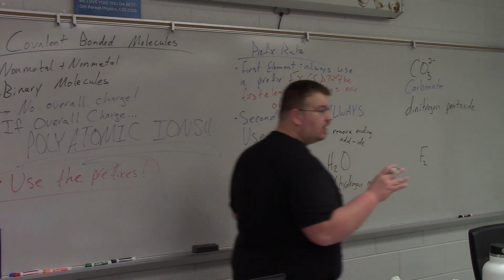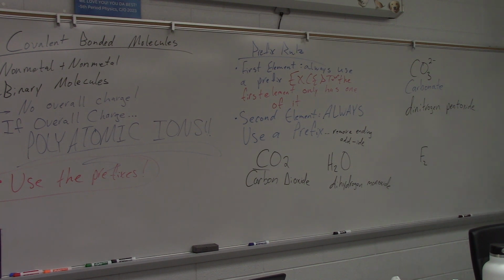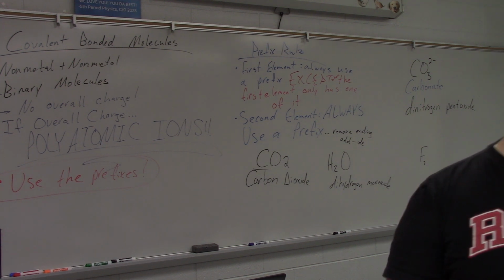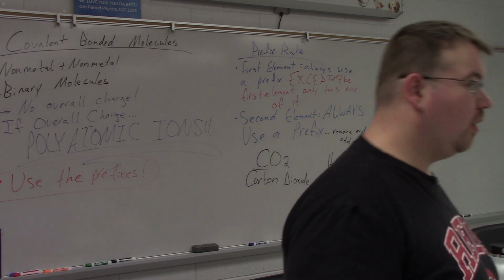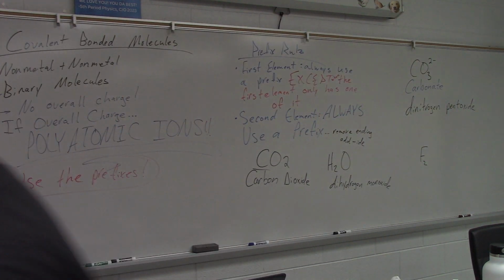Hey, listen to me. You struggle with carbonate? If you haven't figured it out yet, with each set there's an easy part and there's a hard part. Here's the easy part: if I give you the name, it's a dead giveaway.